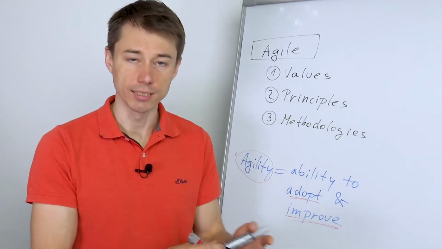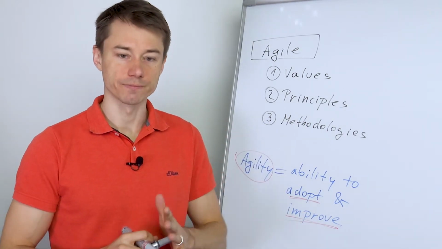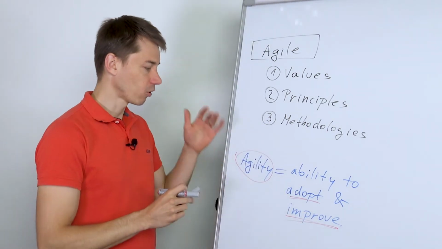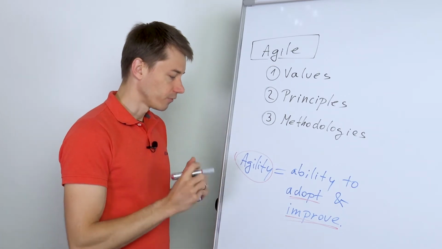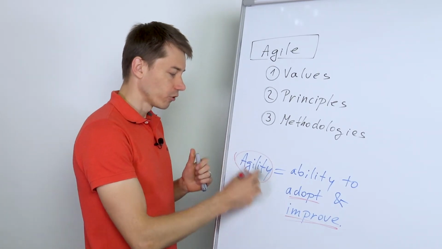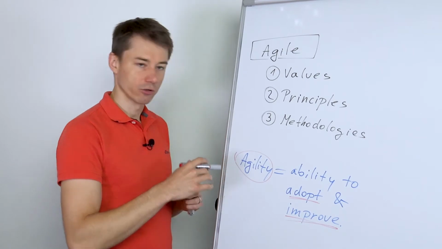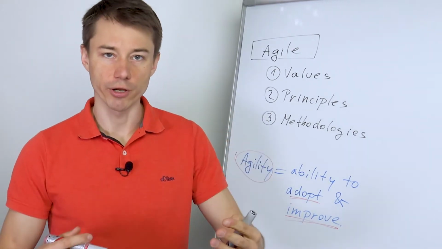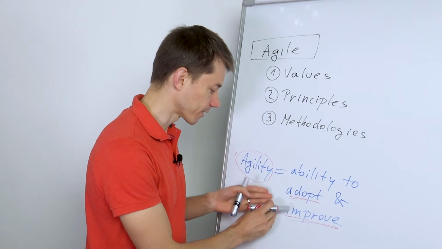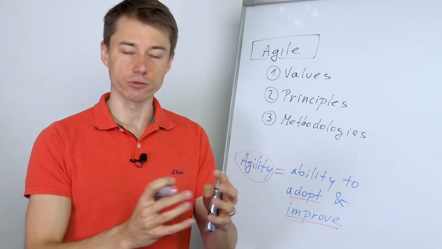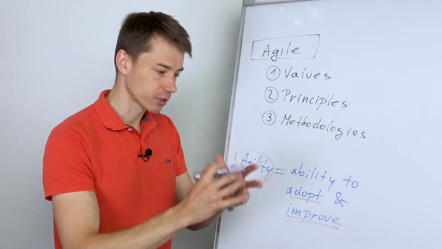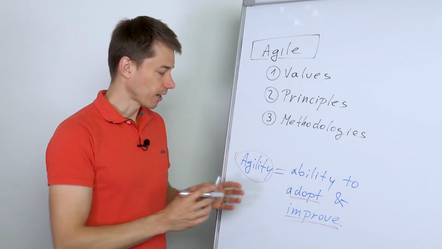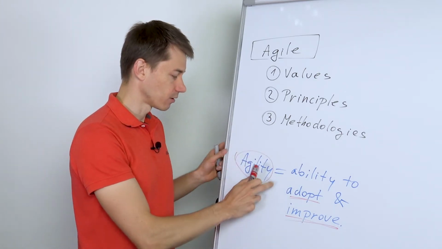Coming back to lean, the Toyota production system that we talked about in a previous video, is also based on continuous improvement, on iterations, on figuring out what the customer wants, what brings value, where the customer sees value, eliminating waste. And this is very similar.